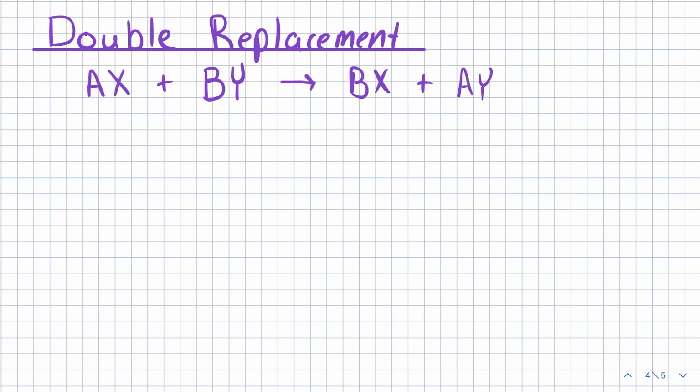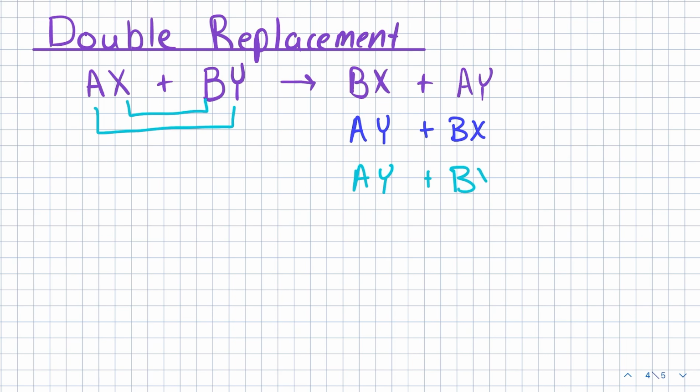I could swap my nonmetals, in which case I would end up with AY plus BX. Or I could take the outside letters, AY, plus the inside letters, BX.